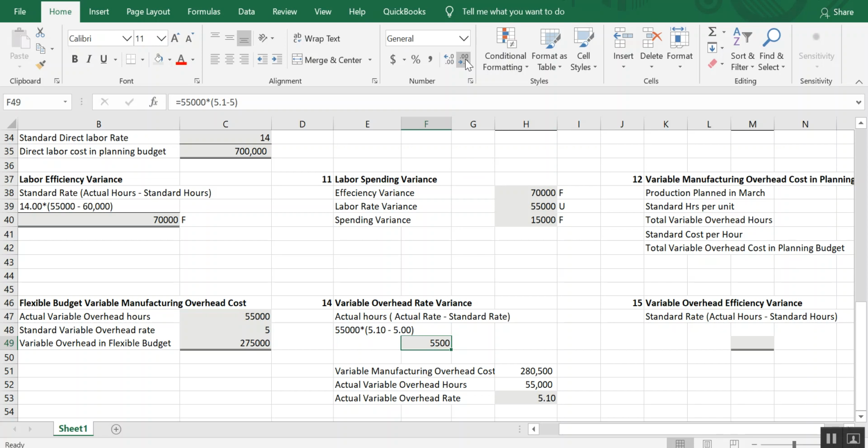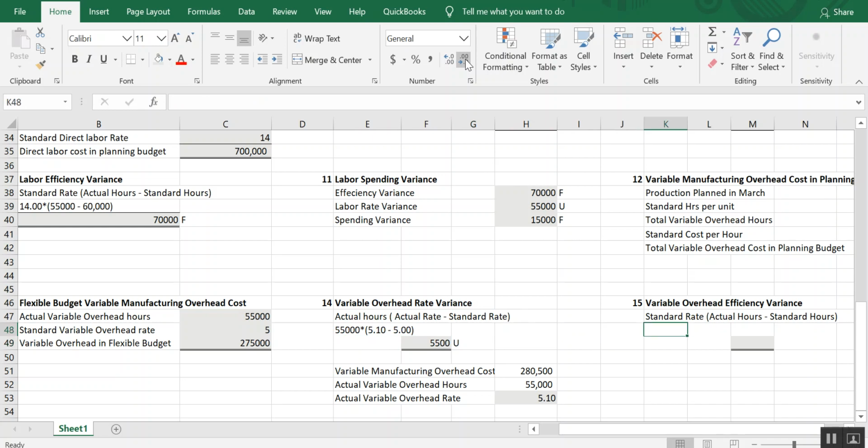That is because the rate is above the standard rate. This is an unfavorable variance. So the variable overhead rate variance is based on the 10-cent difference per hour times 55,000. We have a $5,500 unfavorable rate variance.